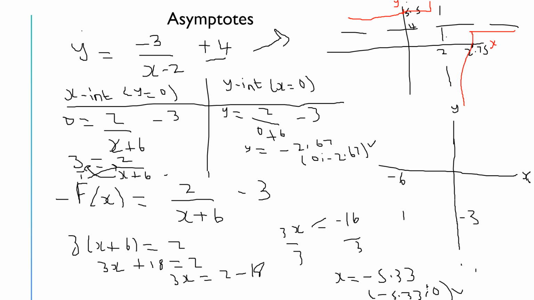The first one we had was negative 5,33, which will be before negative 6. So you'll expect to have it somewhere around there. And then the second one, the y-intercept, where it cuts at y, it's cutting at negative 2,67, which is before negative 3. So it'll be somewhere around there. So we've got those intercepts now.